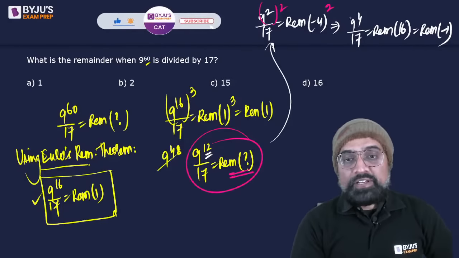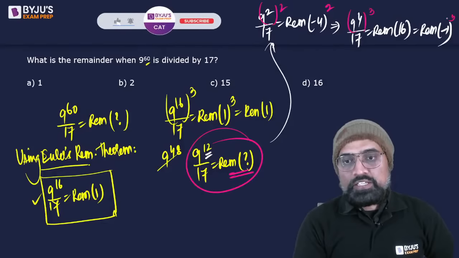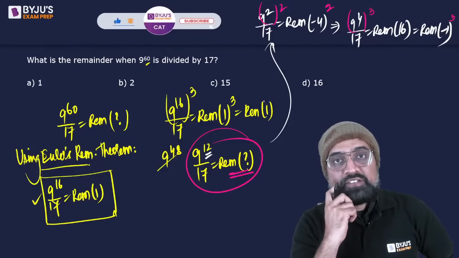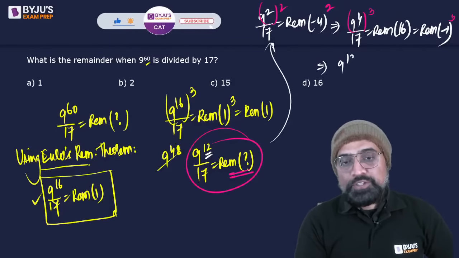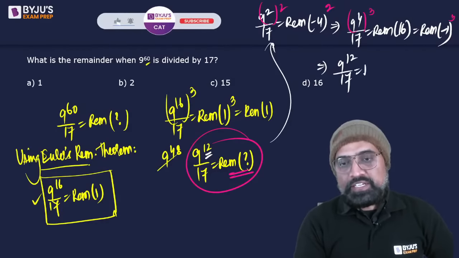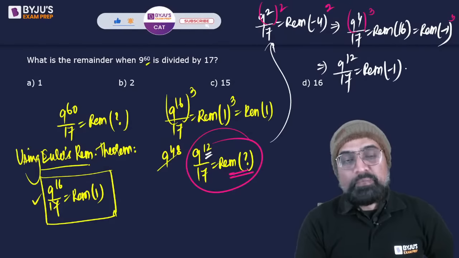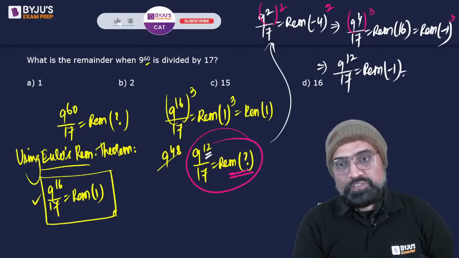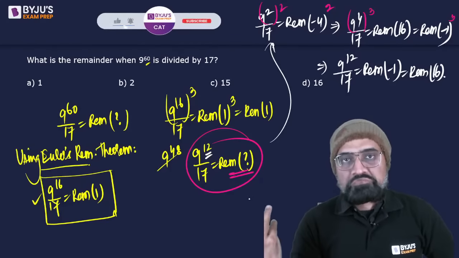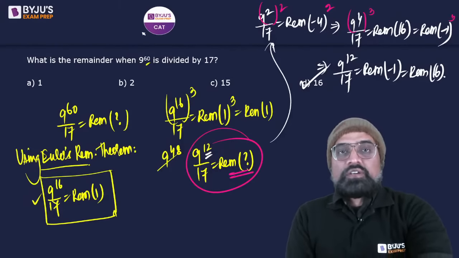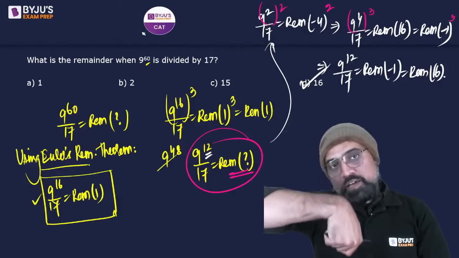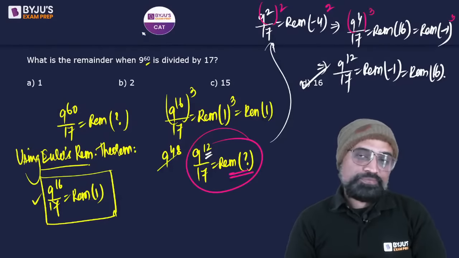That means I will have to cube. Then only it's going to be 12 as the power. So when this happens, I will have 9 to the power 12 when divided by 17 will give me a remainder -1. -1 cube is -1, which is back to 16. So whatever you do, hold the nose straight, hold it around, hold it with your feet.